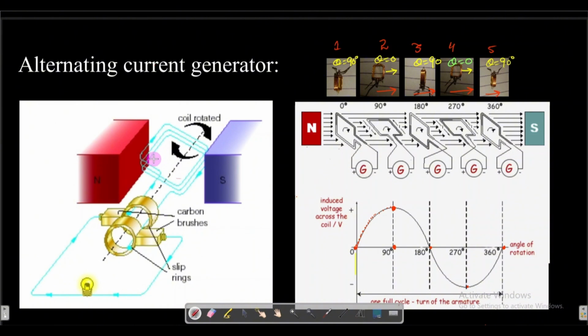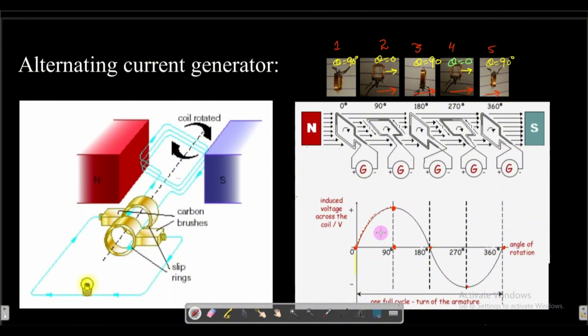So according to Fleming's right hand rule, on this side of the coil the direction of the current is from bottom to top. Similarly, on this side of the coil the direction of the current is from top to bottom, which is opposite to this side.